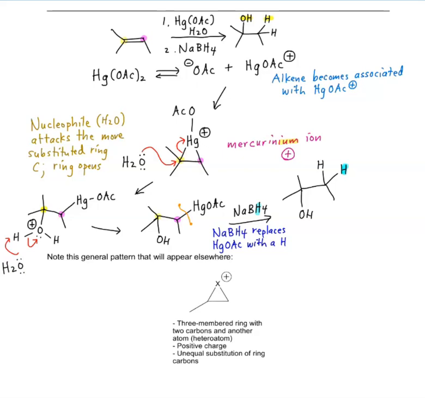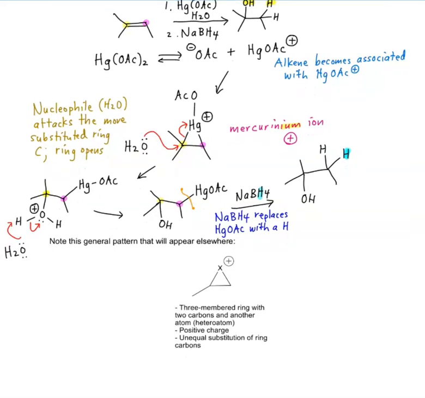Now the pattern that we saw up above with the mercurinium ion, you're going to see again. And so what you're looking to recognize is a three-membered ring that has two carbons and another atom that's not carbon. That's called a heteroatom. So a heteroatom is an atom that's not carbon. There's going to be a positive charge associated with that ring. And the ring carbons, the carbons that are involved in making that little three-membered ring, will be unequally substituted. So you'll have a more substituted and a less substituted one.